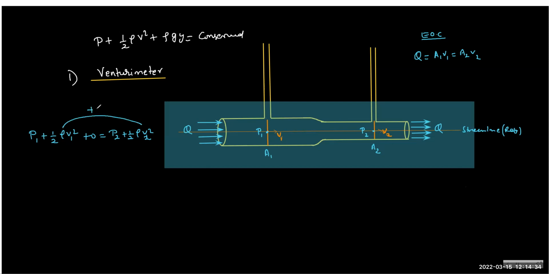So there is a gain of kinetic pressure, and there must be a loss of static pressure. So which pressure will be more, P1 or P2? P1. To confirm that P1 is more than P2, we attach these two tubes, and you will observe that the liquid starts rising in the tubes.